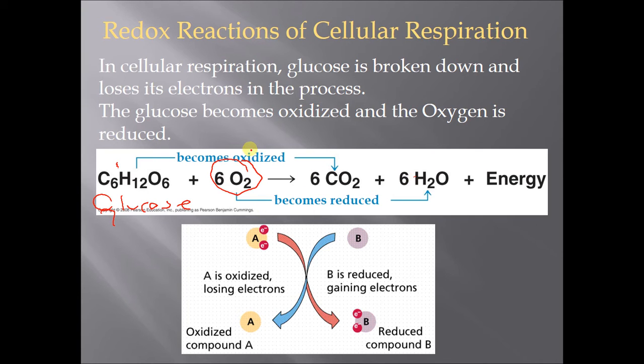If we take the electrons from glucose and give them to oxygen to form water, we get energy out. So glucose is oxidized. We store the electrons in a transfer molecule before they go to oxygen, and in that process make energy.